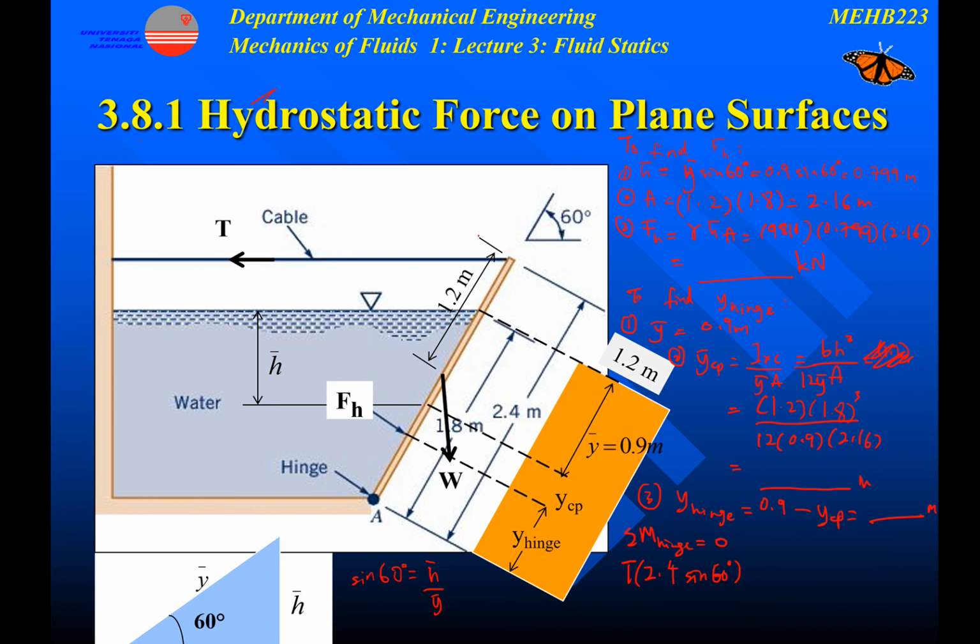Then you minus the weight, also its component: the weight acts at half of the gate, 1.2, times cos 60. Then the hydrostatic force FH times y hinge equals 0. You rearrange this to get the tension. The answer is 5.8 kilonewton. You can try on your own.